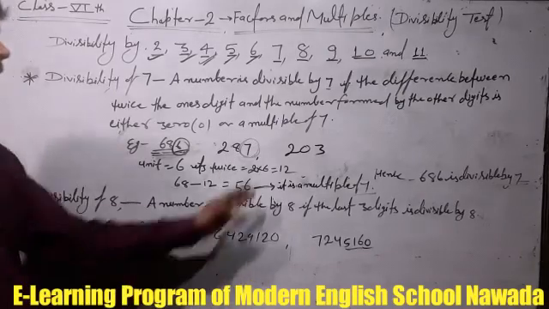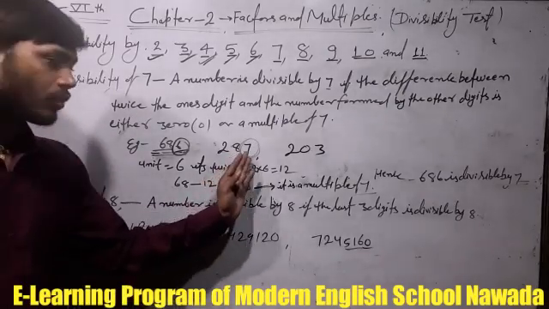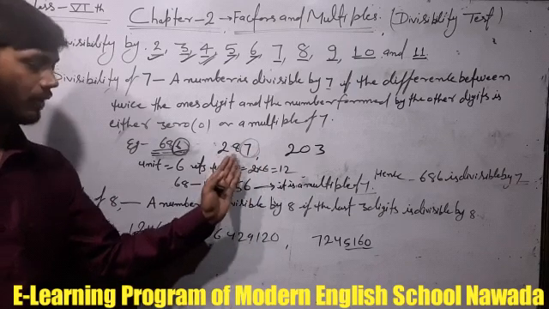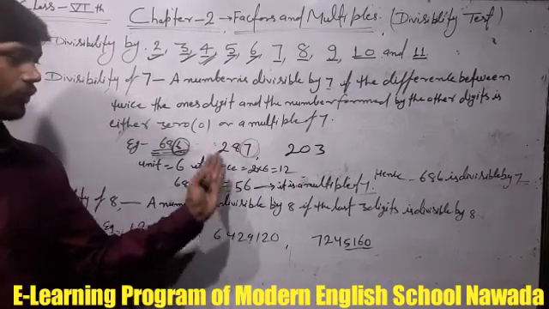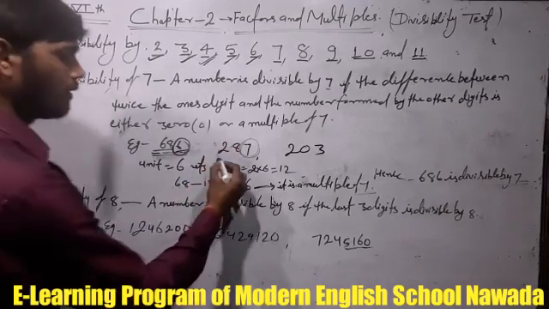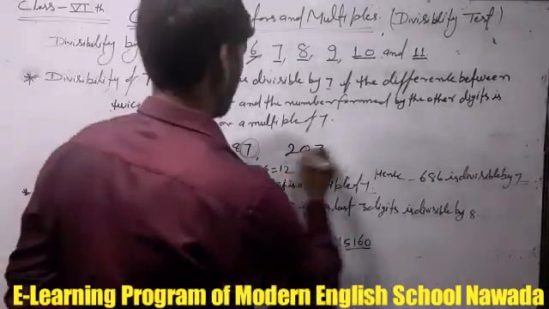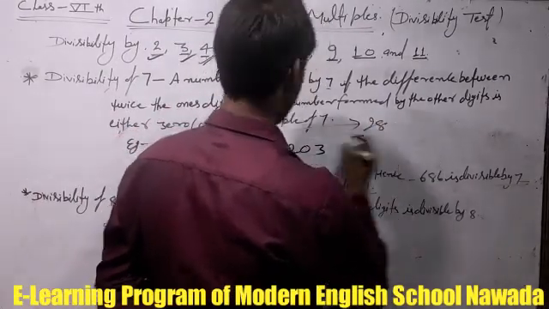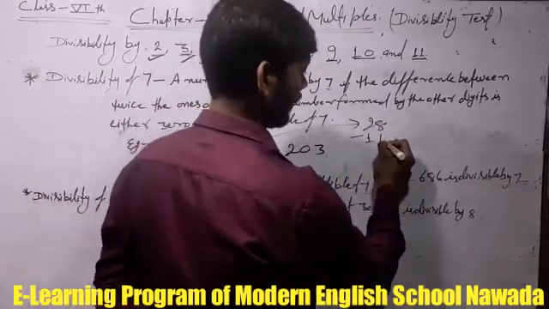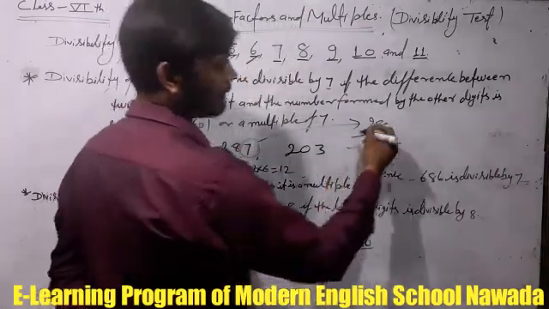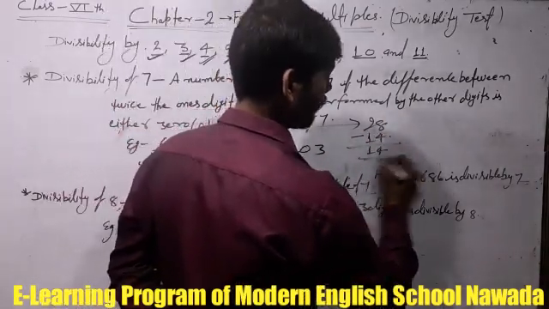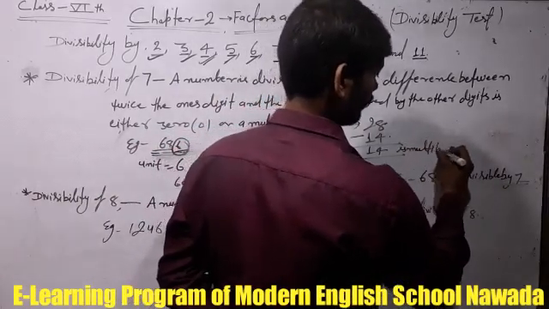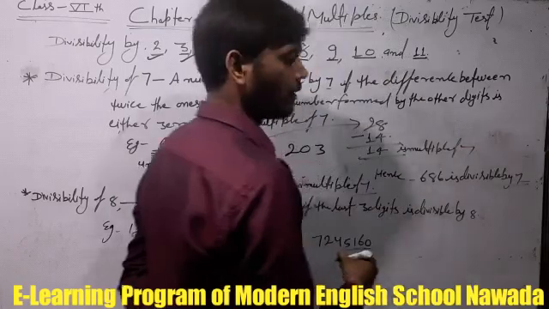That means, first of all, double the unit digit. Here another number is written. Twice of 7 is 14, and the remaining number so formed is 28, and when you subtract 14 the result is 14, and 14 is a multiple of 7.